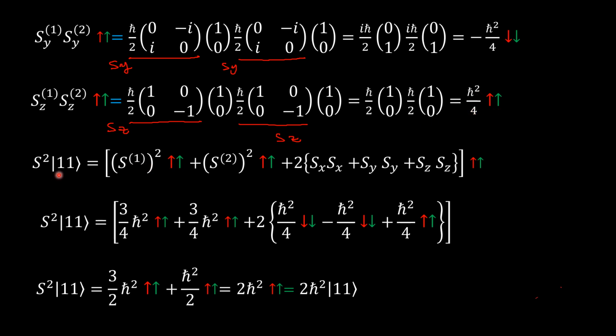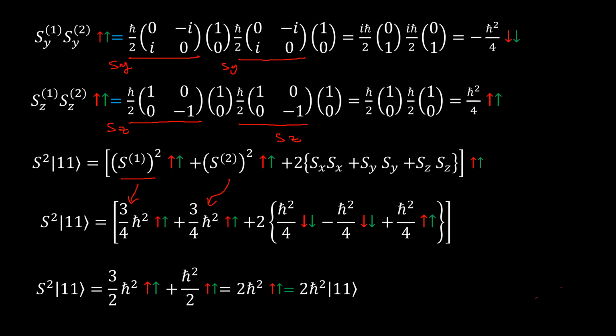Now you can write this. What is S squared acting on |1,1>? S1 squared acting on spin up gives 3/4 ħ squared spin up. Here also 3/4 ħ squared spin up. Then the Sx Sx term will flip the state: spin up becomes spin down.